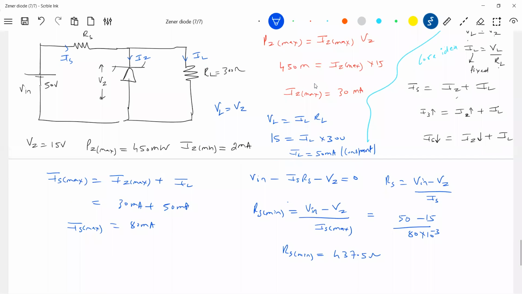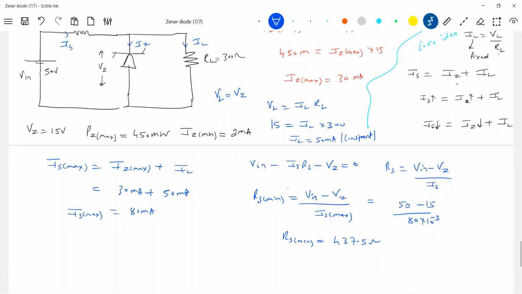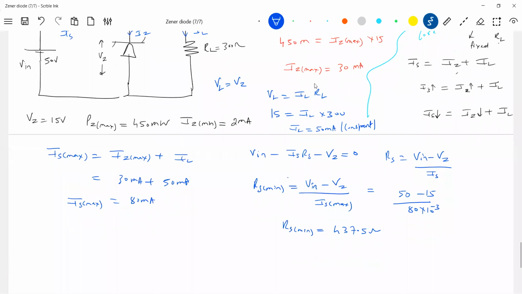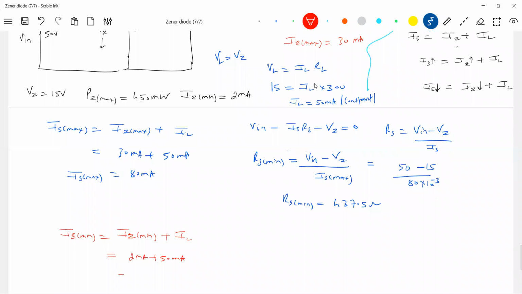Again, I'll get into the discussion like this. What is IS minimum? How to calculate IZ minimum? IZ minimum is 2 milliampere. What is IL? IL will be 50 milliampere. So in total this will be 52 milliampere.